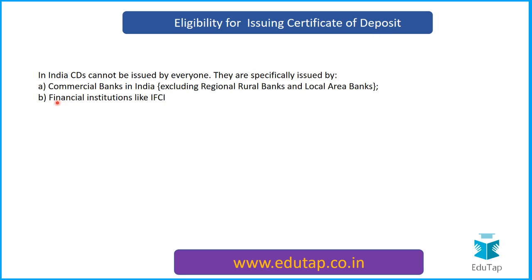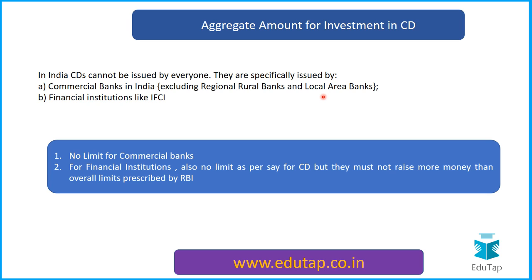And please remember, when we say commercial banks, RRBs and local area banks do not come under the ones who can issue certificates of deposit. Now what is the aggregate amount for investment in CDs? That is, up to what amount can banks issue CDs? The answer is there is no limit for commercial banks.